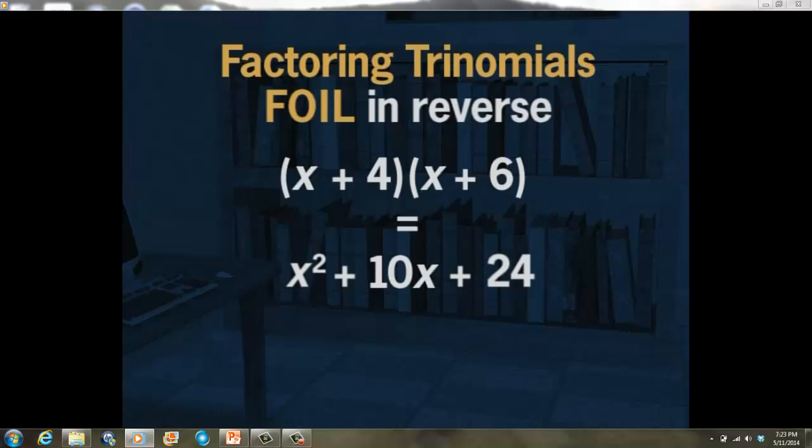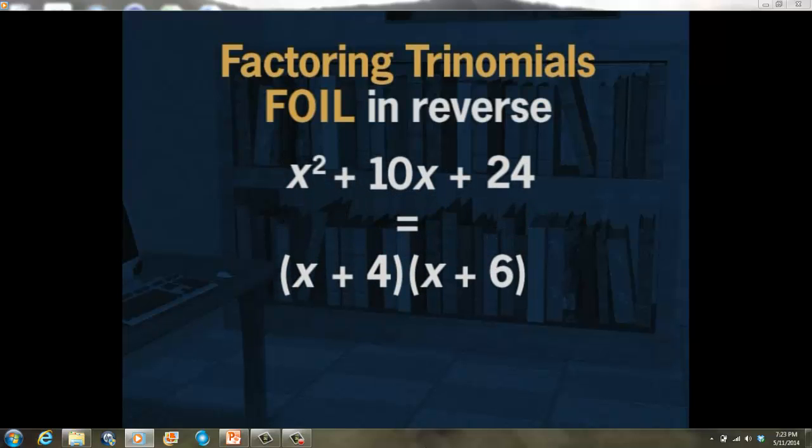Factoring is the reverse of multiplying. So to factor a trinomial, think of FOIL in reverse. If we factor x squared plus 10x plus 24, we get the quantity x plus 4 times the quantity x plus 6. So let's learn how to reverse the FOIL process.